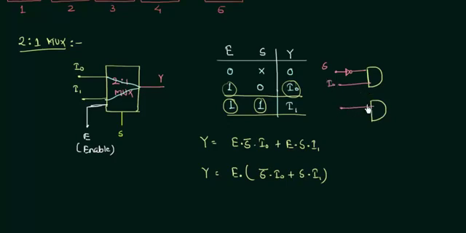In the second AND gate, the inputs are simply S and I1, and E is an input to both of these AND gates. Then we have the OR combination of these two AND gate outputs, so this one is your Y. A very simple thing to do. So this is all that we need to study in the 2x1 multiplexer.